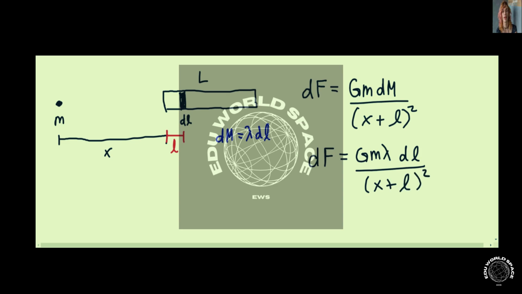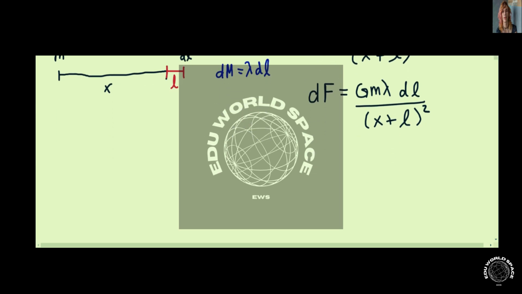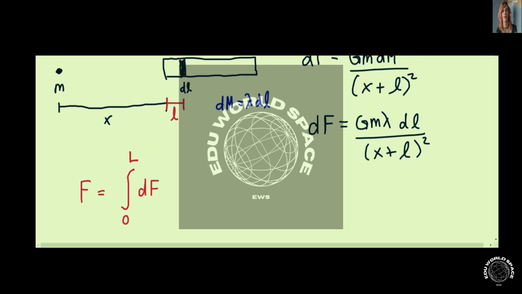Okay, everything else in the formula is a constant. So let's go ahead and do the integration. So the total force is going to be the integral of dF, all the dF's, from 0 to L. So remember that we're integrating over l.